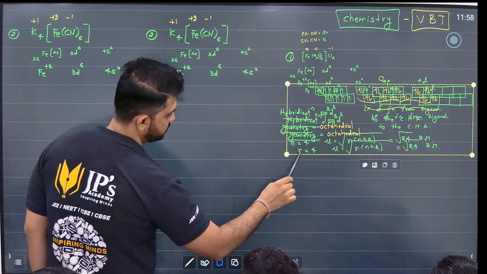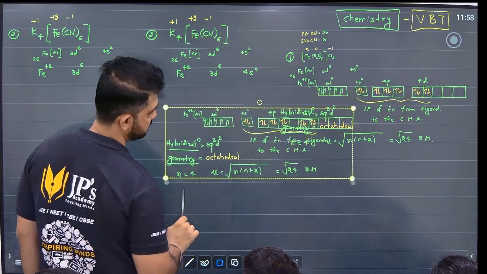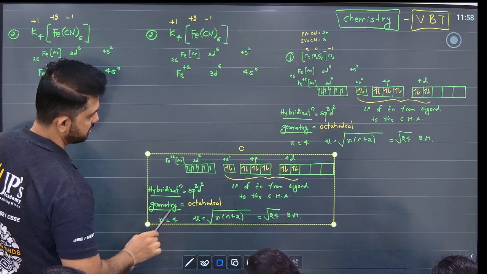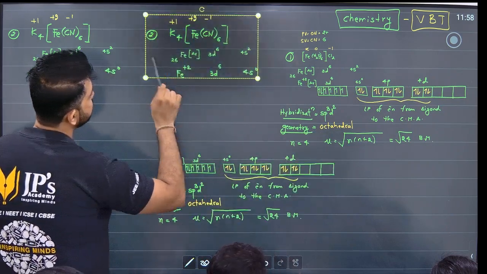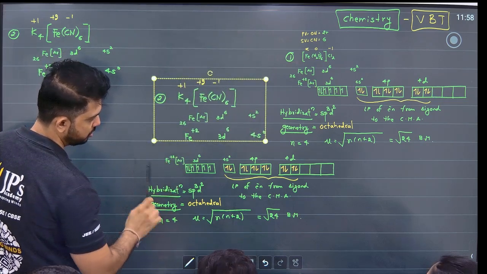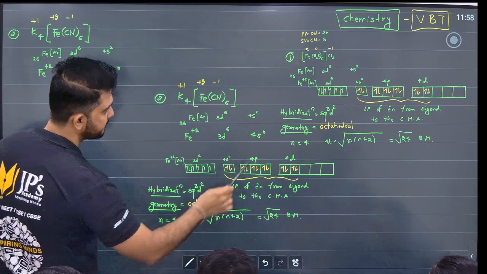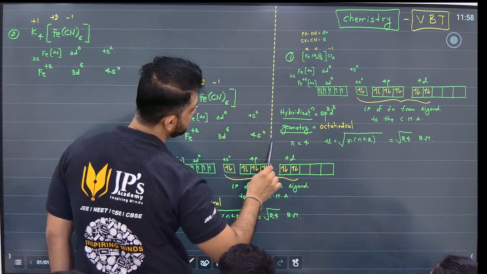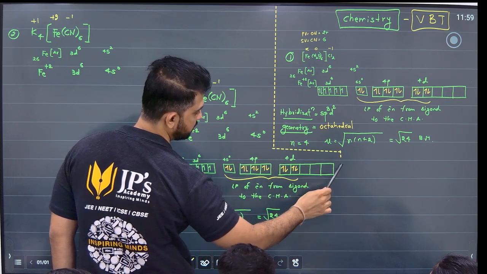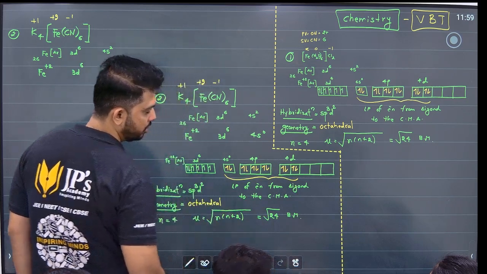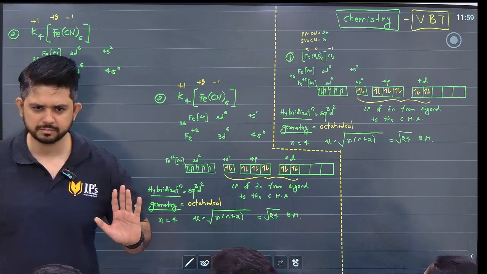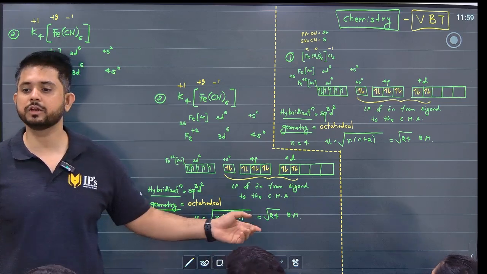Will this change? I repeat, will this change? Yes or no? No, it won't, right? What will the magnetic moment be? Root 24 Bohr magneton. Same ही आने वाला है. Anyone did not get that?